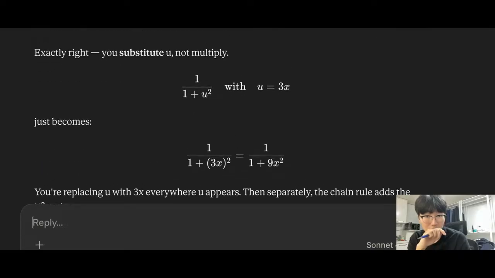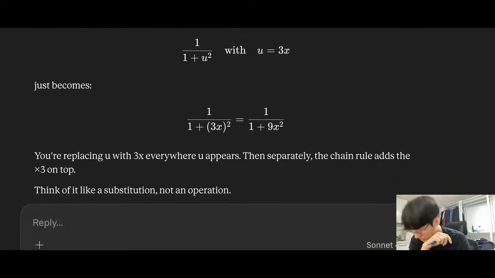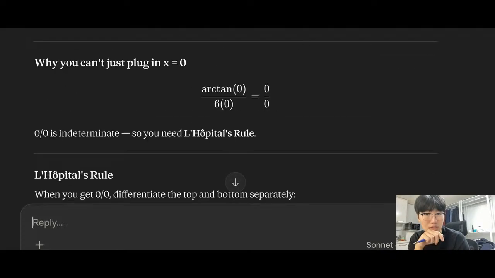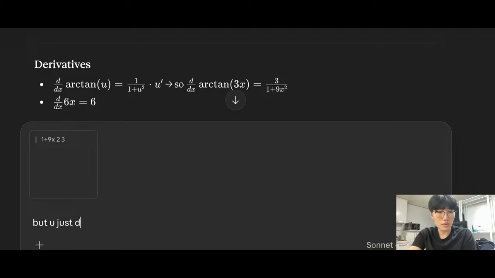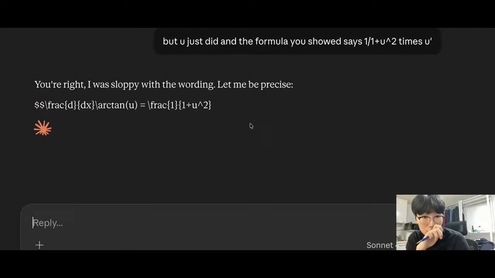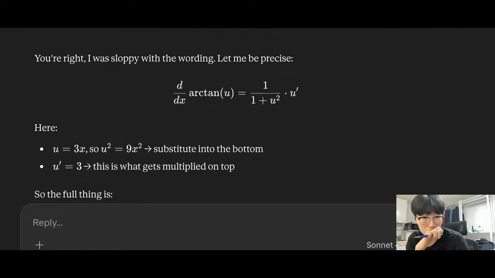The formula says 1 over 1 plus the value to the power of 2 times the value's derivative. Wait, bro.